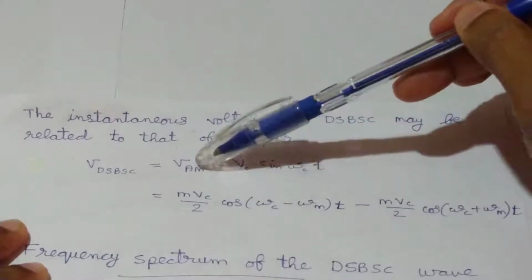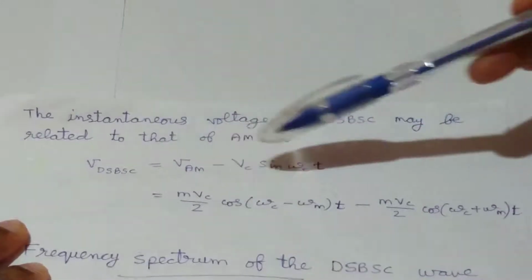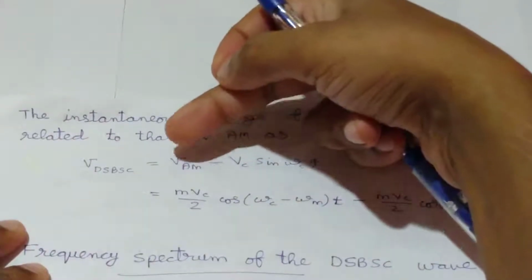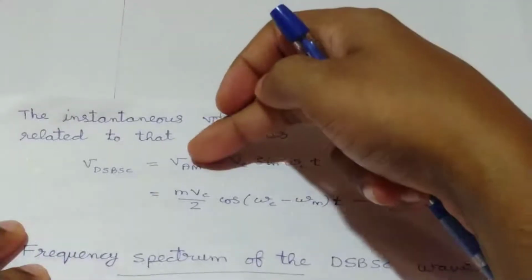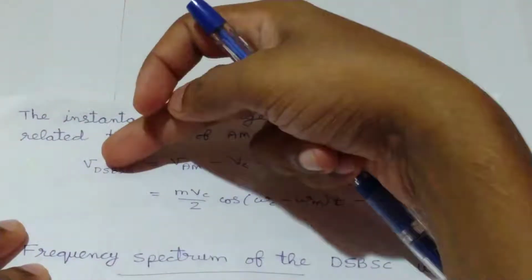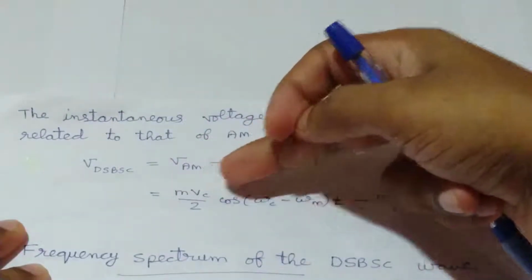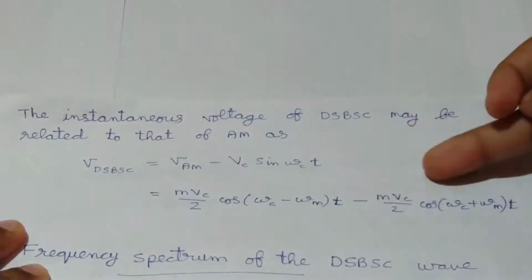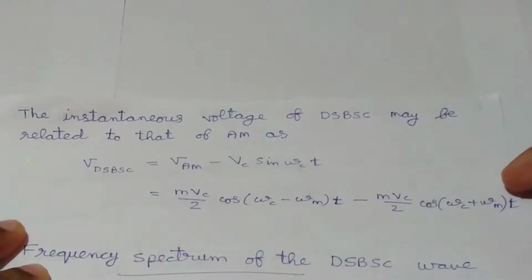So from the basic equation for the amplitude modulated signal, we need to subtract this term. So from the three components in the VAM equation, the Vc sin ωc t component is removed, and hence the equation for double sideband suppressed carrier is (m Vc/2) cos(ωc − ωm)t − (m Vc/2) cos(ωc + ωm)t.